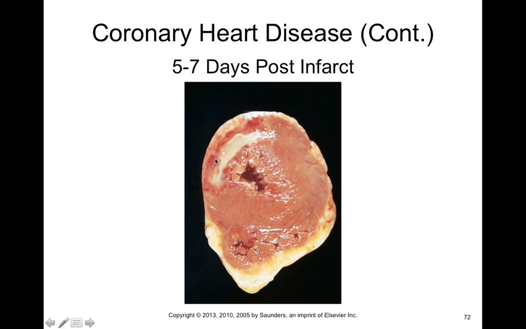We call this the zone of stasis, where the tissue might not have died, but could be injured because it happens to be close to an area of ischemic tissue. I would imagine that this individual didn't survive this particular myocardial infarct, because you can see that this whole aspect of their heart, the left ventricle, which is very important for pumping blood throughout the body, appears to be necrotic.